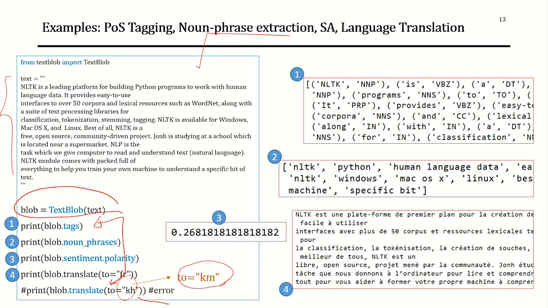And for each of the features that we perform in here, we can see the output for each of these on the right hand side here. For example, if you want to find the noun phrase from this given input text, this is the output for this noun phrase. It can be NLTK, Python, human language data, and so on and so forth.